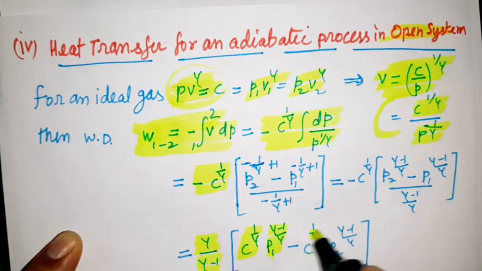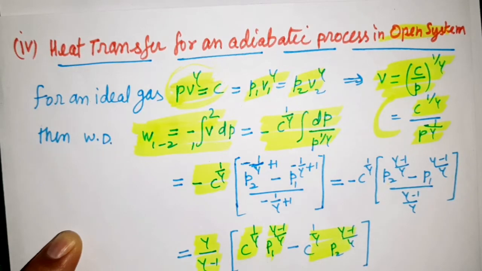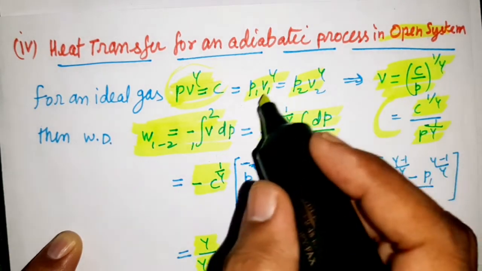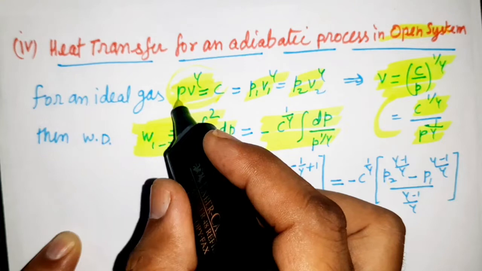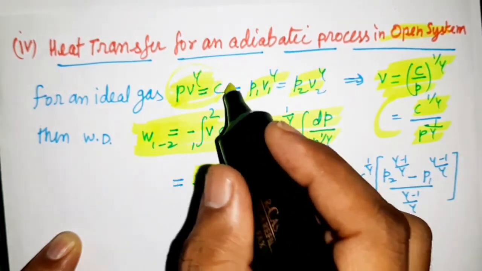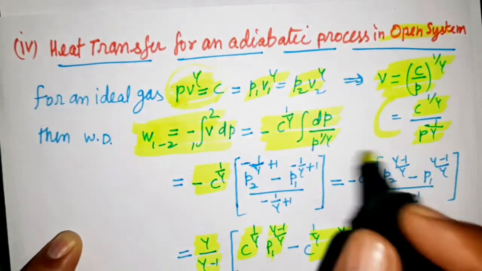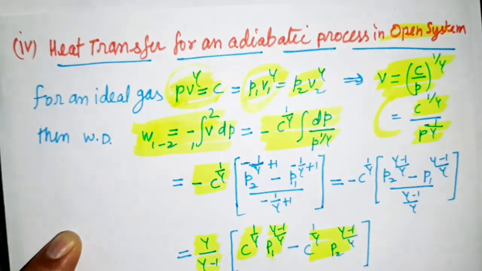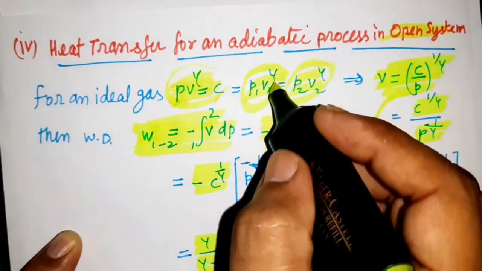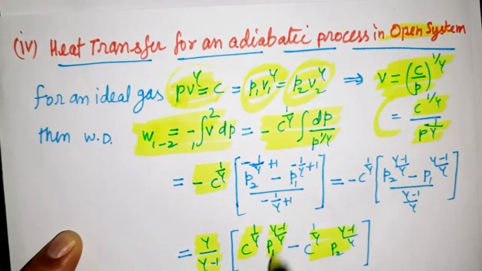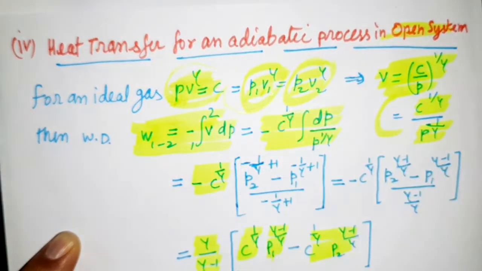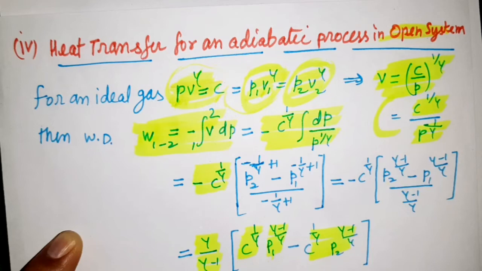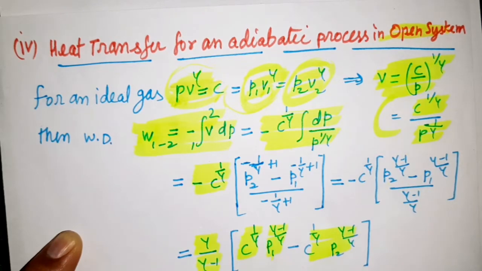So simplifying this, we can place the value of C from here. C is equal to P V to the power gamma. So this value of C is placed here: this is C1, this is C2. So here C is equal to P1 V1 gamma, to the power 1 upon gamma, because C to the power 1 upon gamma.